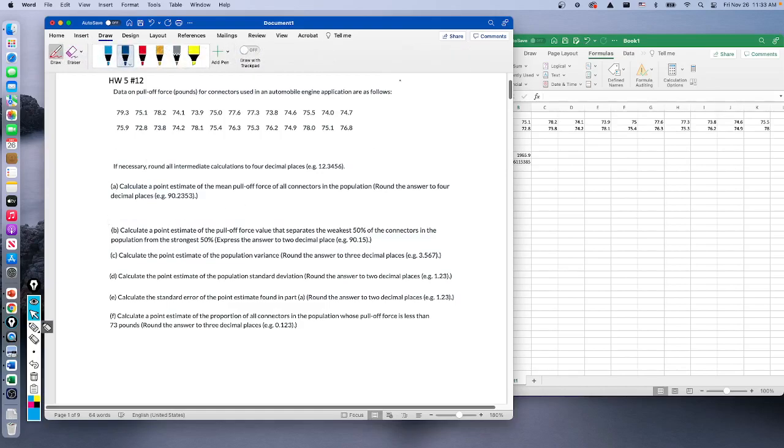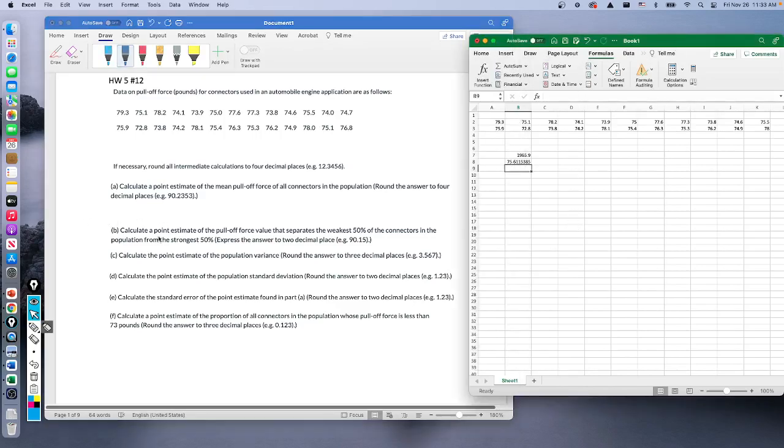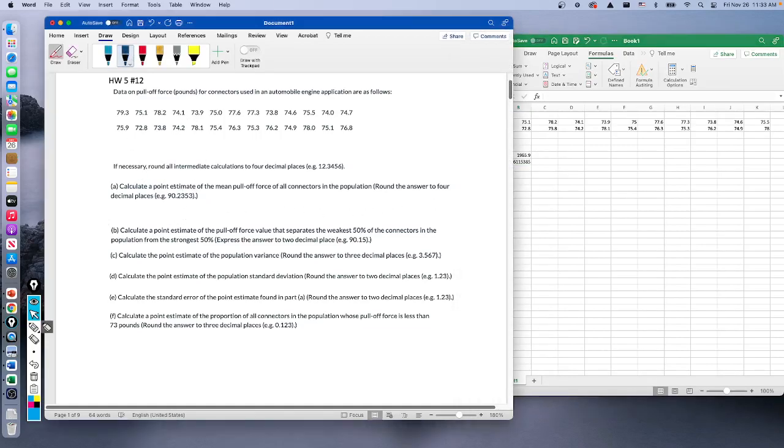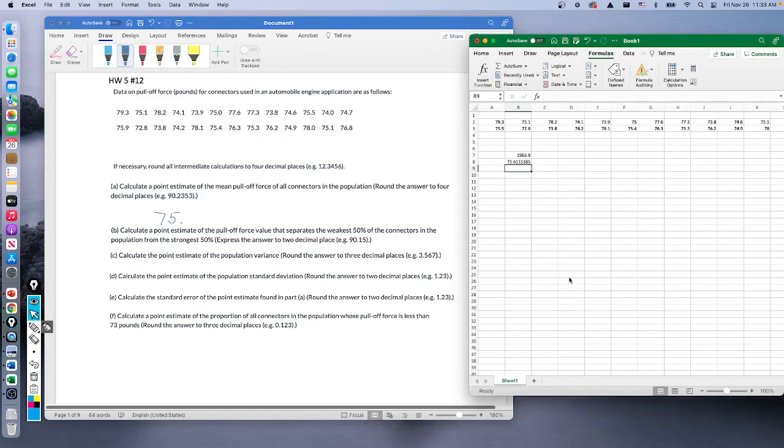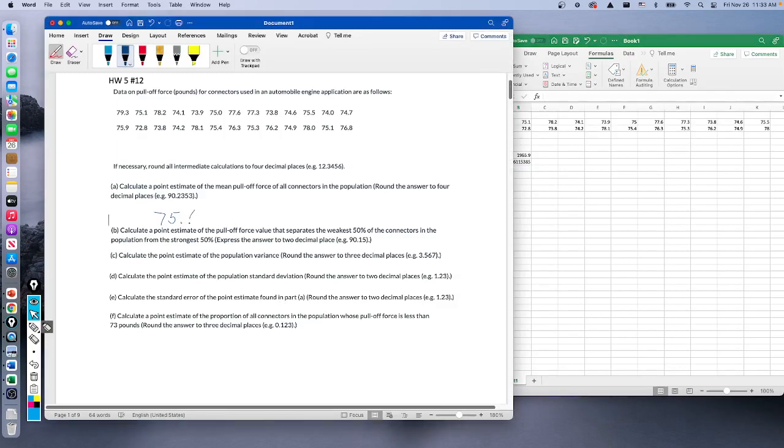They want us to round the answers to 4 decimal places. So we'll do that: 75.6115. So that would be our point estimator there.